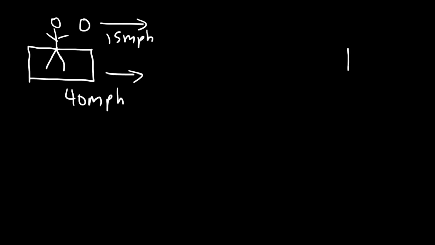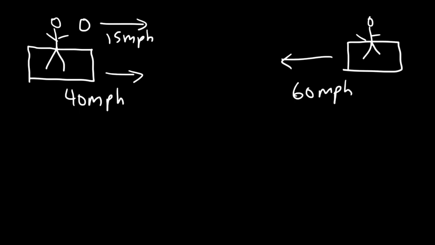And there's another car approaching the first car, and let's say this car is moving 60 miles per hour towards the west.